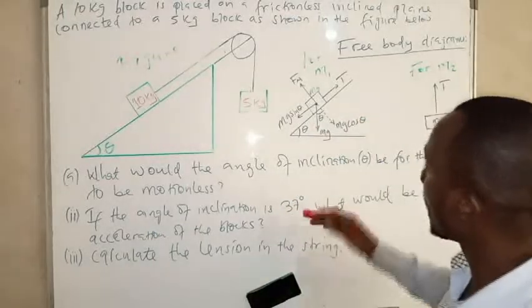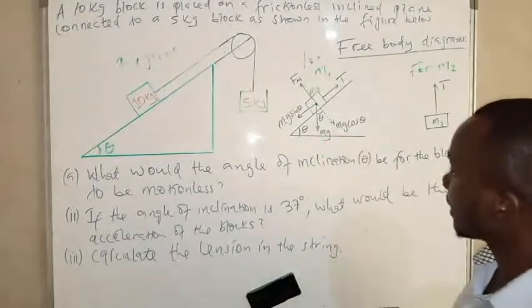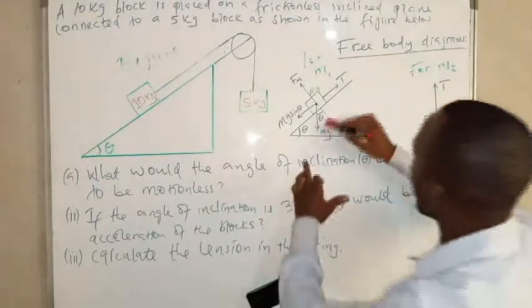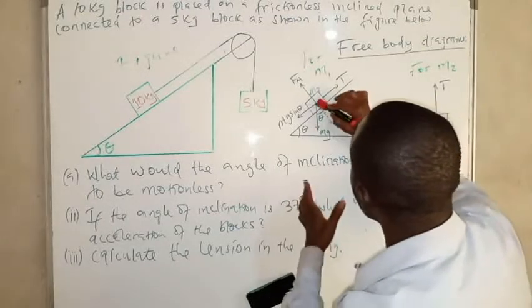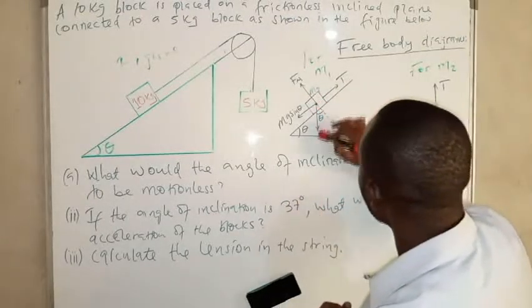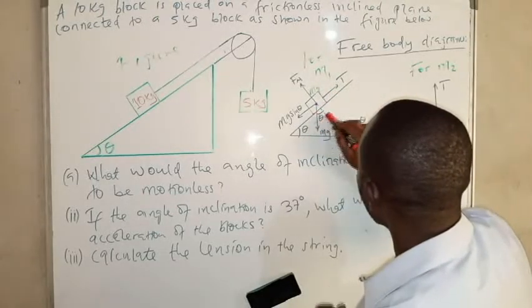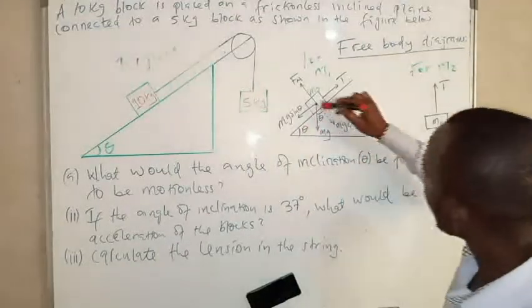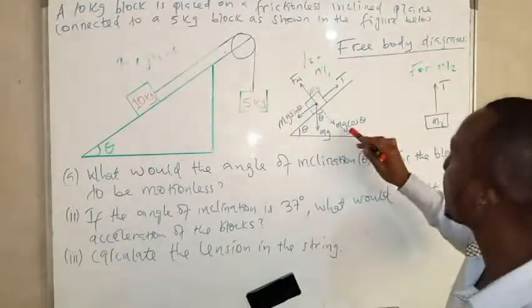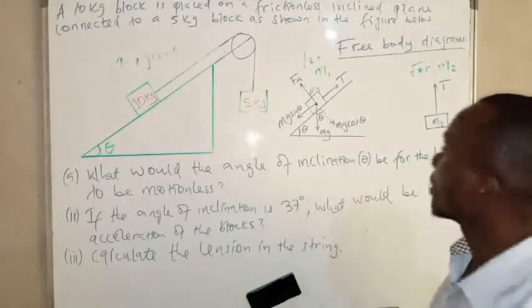We need to express this in terms of tilted coordinates, where the angle between the mg and this one is theta, and the same angle appears here. Under the tilted coordinates, this one is mg cos theta, and this other one is mg sine theta.